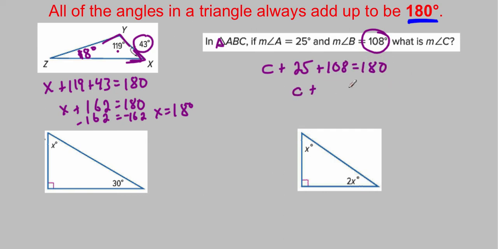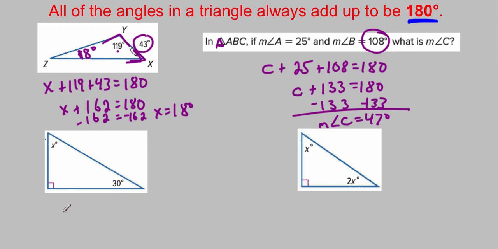So C plus 133 is equal to 180. And then it's just solving a simple equation. C is equal to 47 degrees. So the measure of angle C is 47 degrees. Add them all up, subtract from 180.